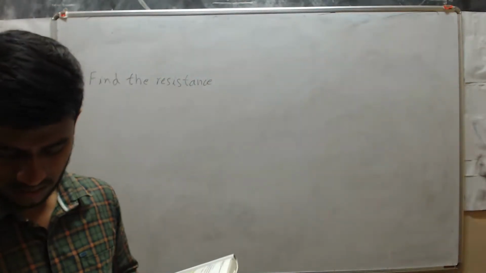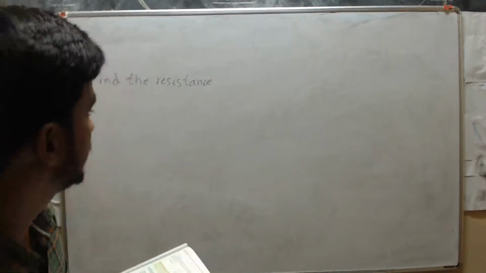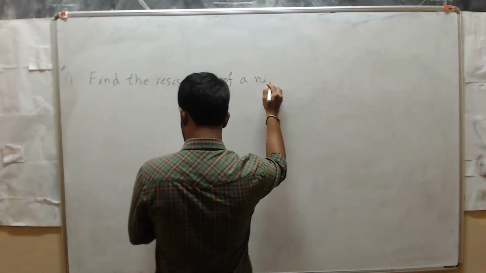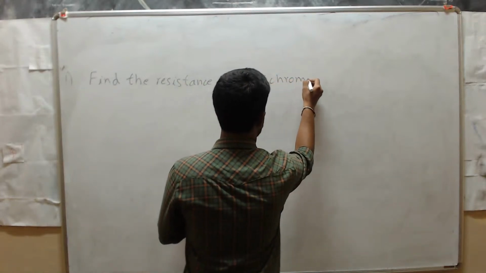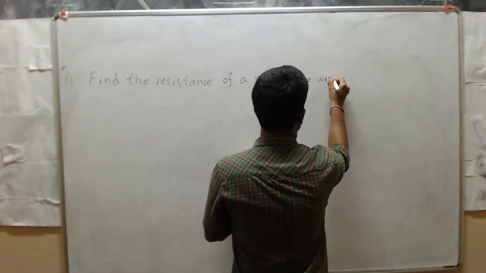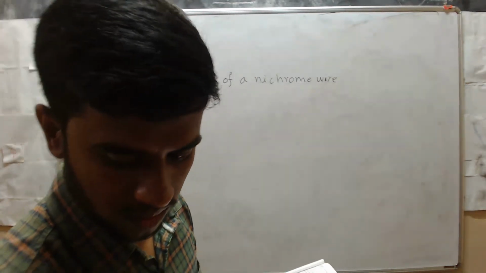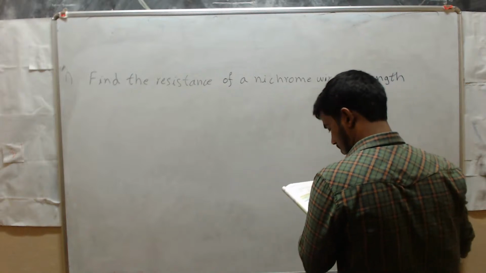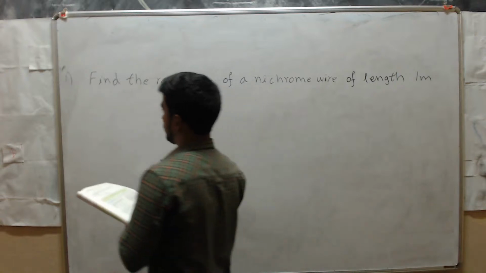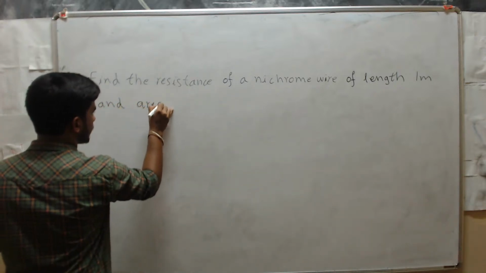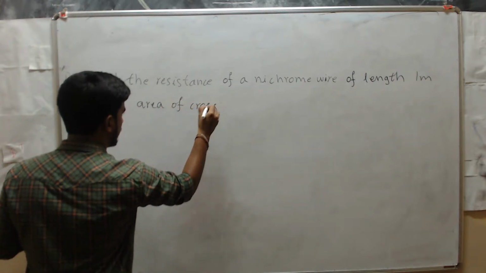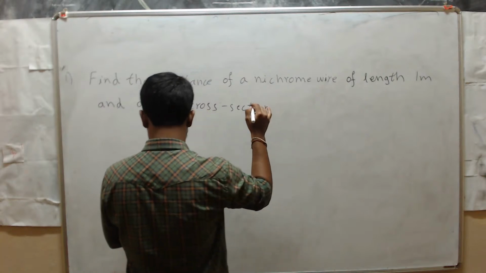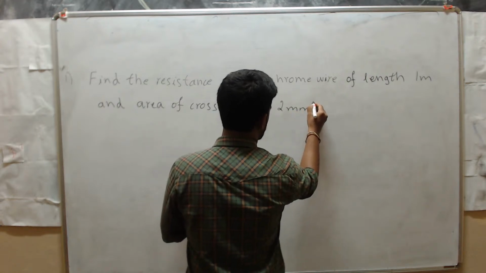Find the resistance of a nichrome wire of length 1 meter and area of cross section 2 millimeter square.